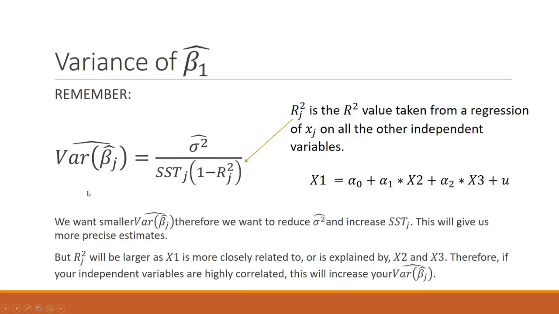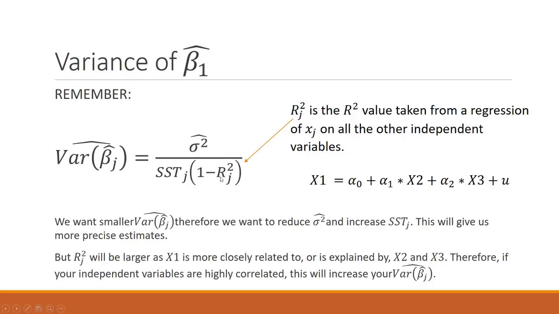So beta j is kind of the generic case for any variable xj. Let's think about it as x1. The estimated variance of beta 1 hat will be larger as the relationship between x1 and the other independent variables is larger.